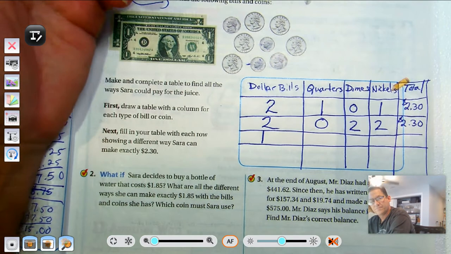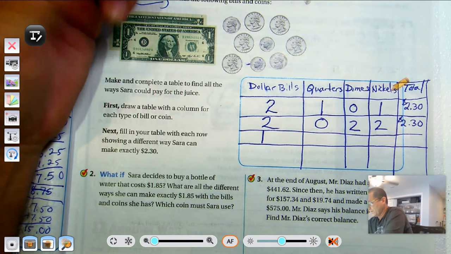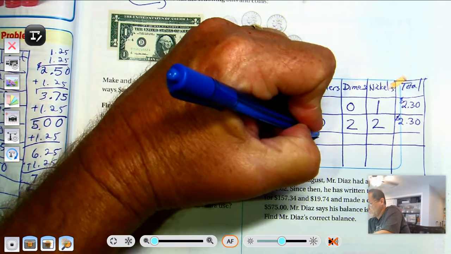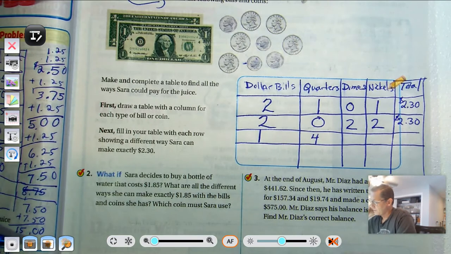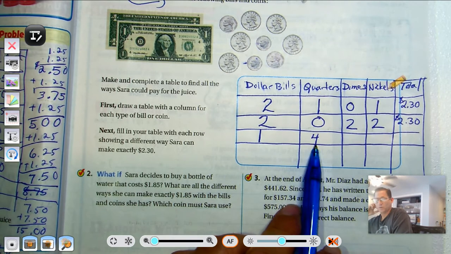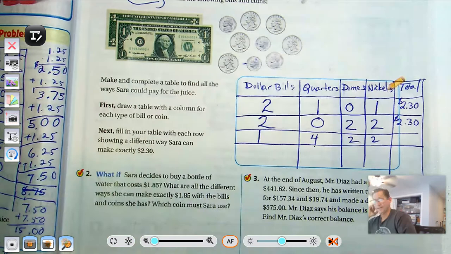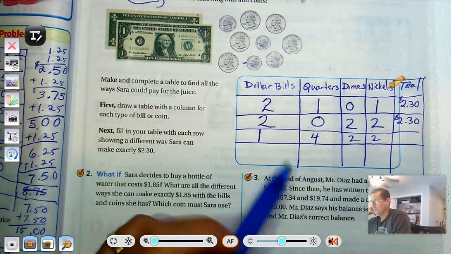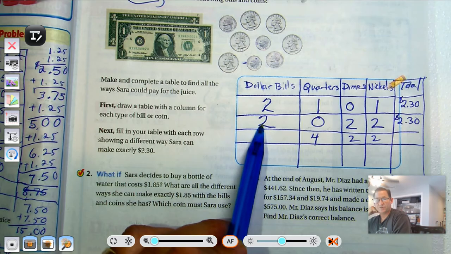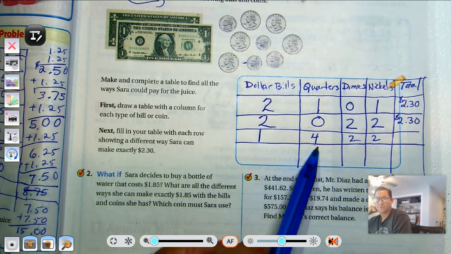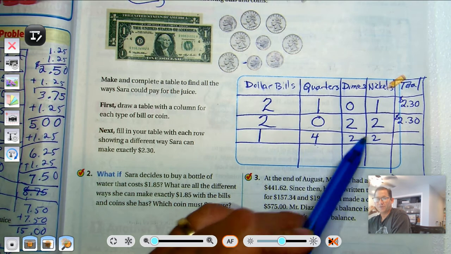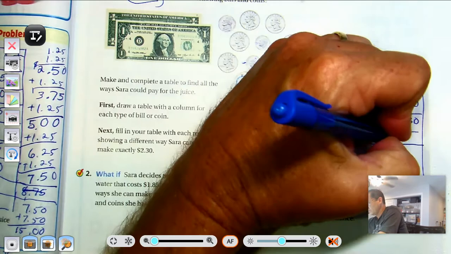So if I use 4 quarters, that would be $1, $2. And then I could use the 2 dimes and 2 nickels again, right? So all I'm doing is taking one of the dollar bills and exchanging it for the 4 quarters and reusing the dimes and nickels. Okay, so $2.30.